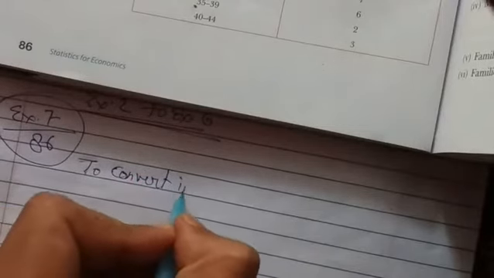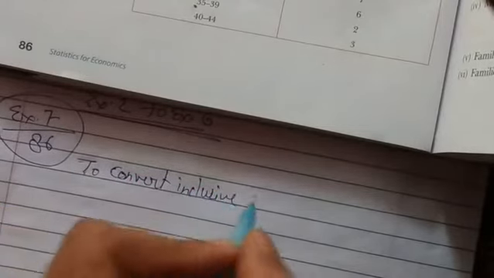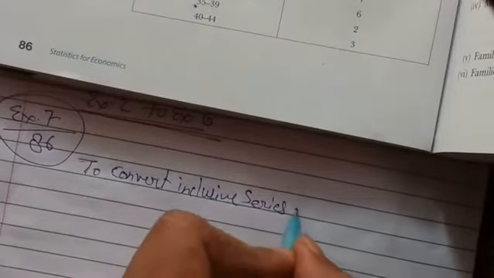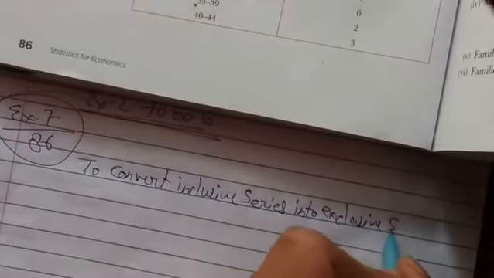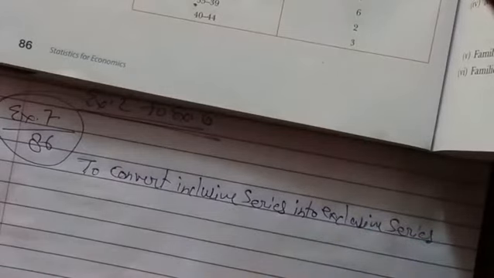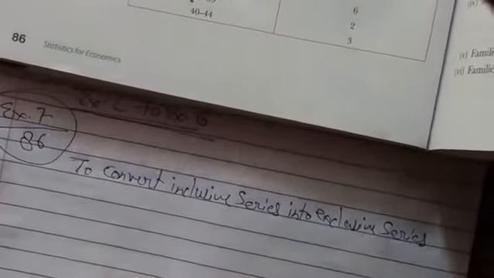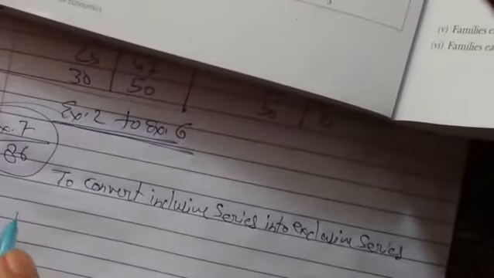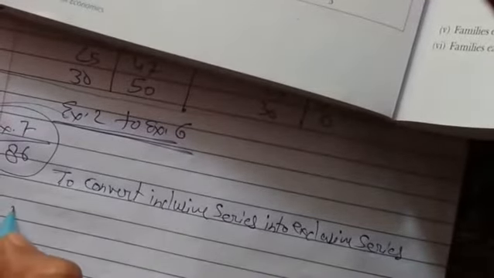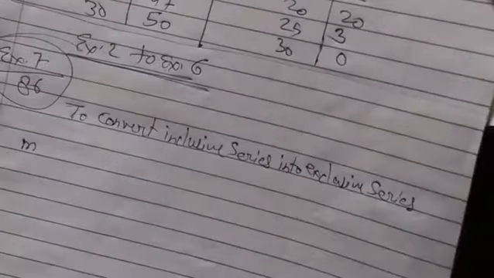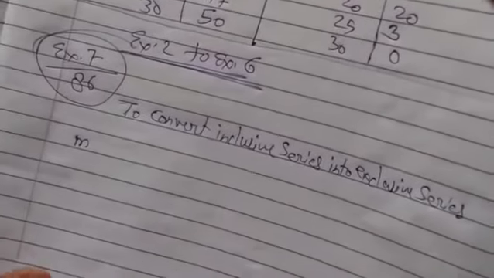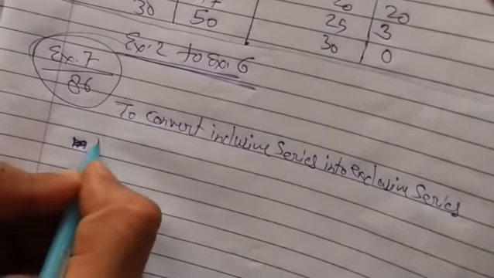To convert an inclusive series into an exclusive series, what we do is calculate D. D means difference.